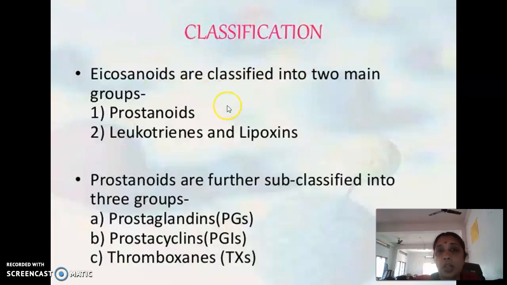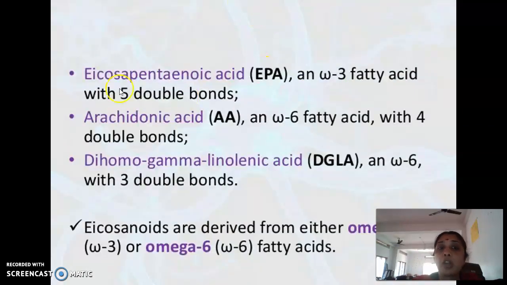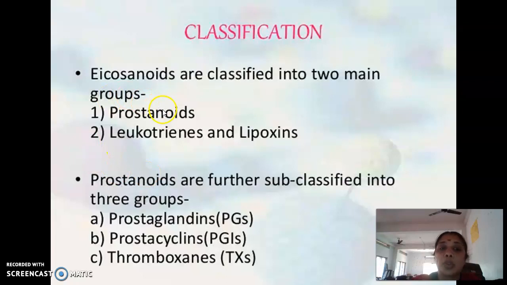So that is eicosanoids, with many types based on the derived parent compound. It can be EPA, it can be AA, or it can also be DGLA. If AA is the starting substance, it results in the formation of prostanoids, leukotrienes, and lipoxins. Prostanoids are divided into prostaglandins, prostacyclins, and thromboxanes. So we are concerned with eicosanoid synthesis from arachidonic acid only.